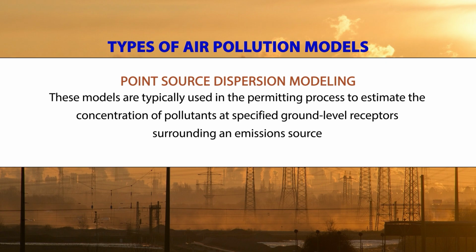The point source is the stack, and you can predict or model the concentrations at receptor locations: what sort of pollutants, and what concentration, will be there at a given receptor point.